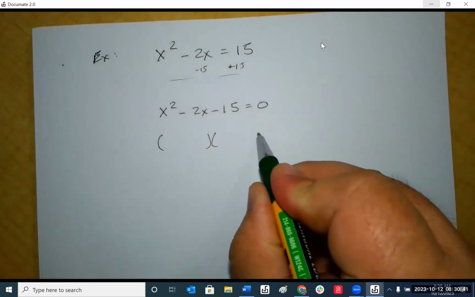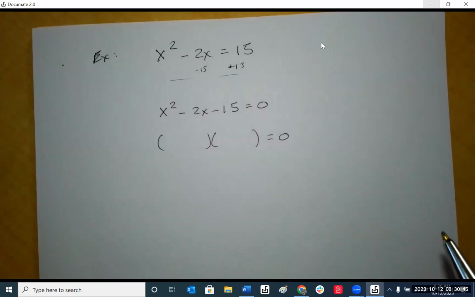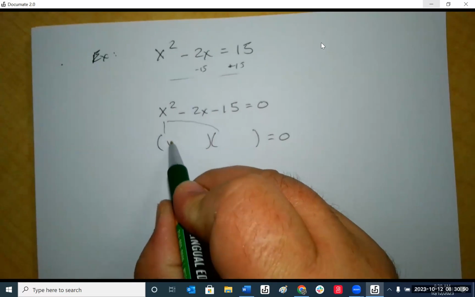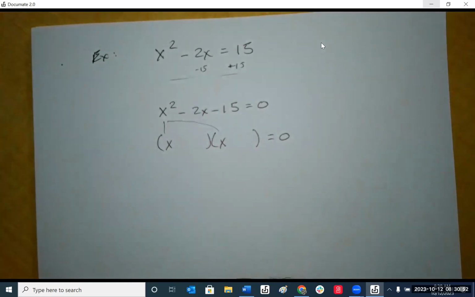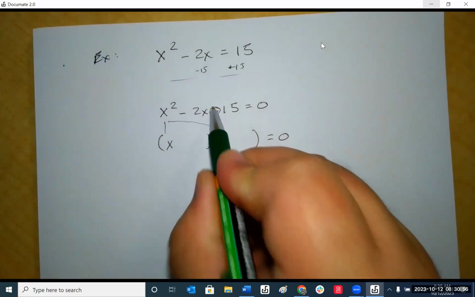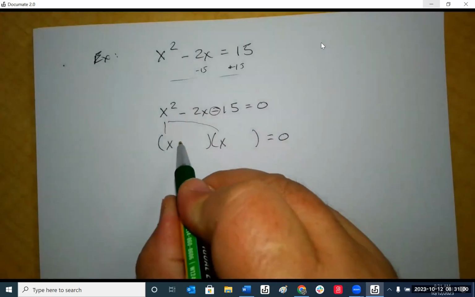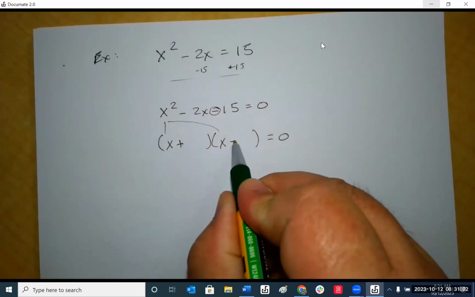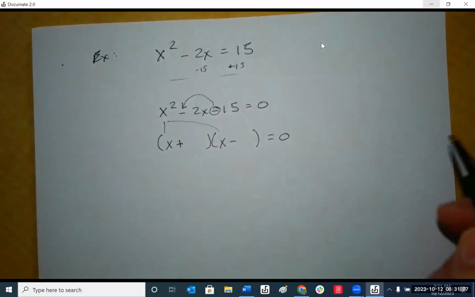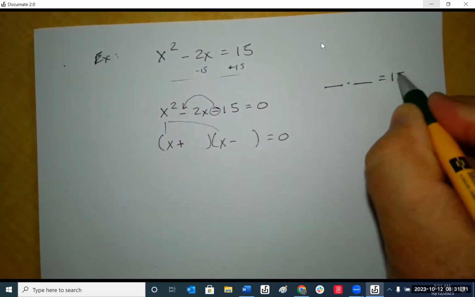Now we can try to factor it. So the first step is, what makes up x squared? X and x. The second sign's a minus. What does that tell us? Opposite signs. Very good. And the bigger number will be negative. So what two numbers multiply together to equal 15?